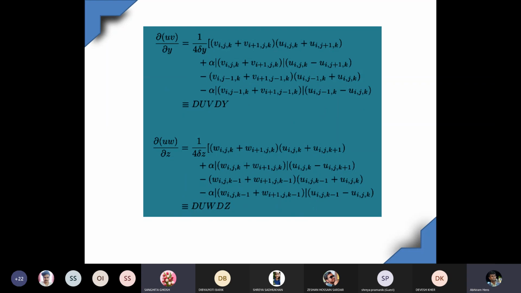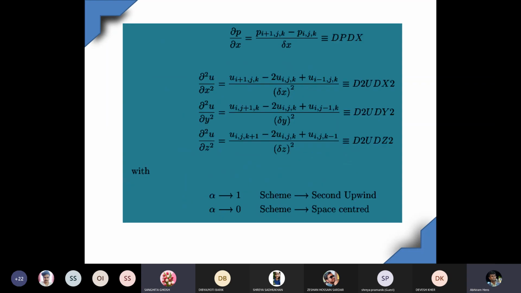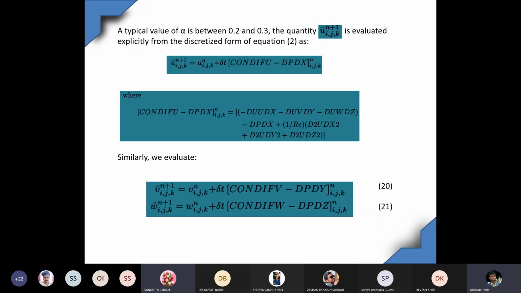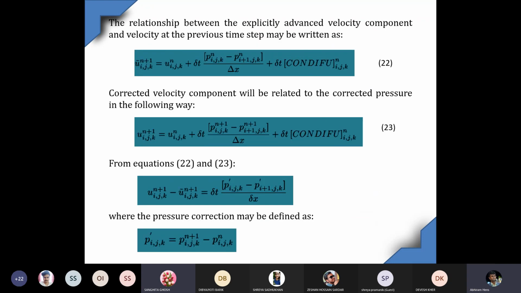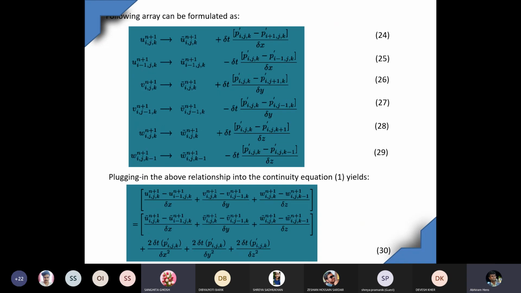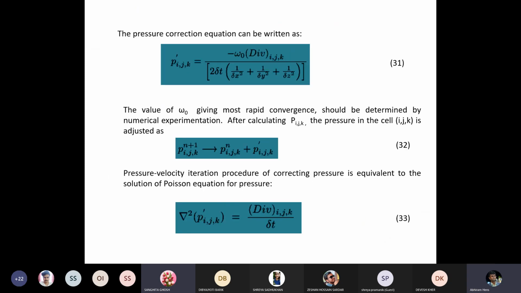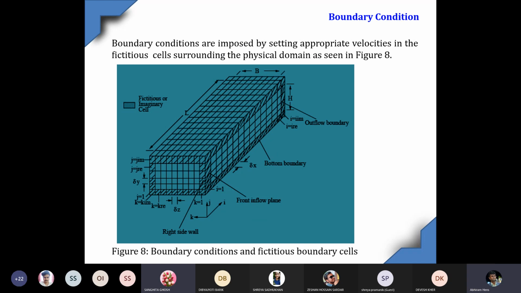This shows how all these terms can be discretized, and then how the entire equation moves forward. Finally, the pressure correction takes place, and this shows the implementation of boundary conditions etc. in the 3D geometry.